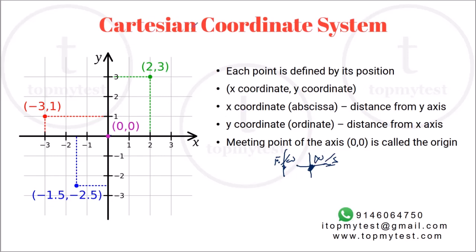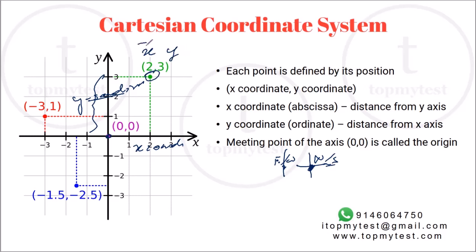Similarly, in a Cartesian coordinate system, we will measure distance. If you take the origin as your reference point, the horizontal distance is your x coordinate and the vertical distance will be your y coordinate. So in this given example, for the point (2, 3), 2 is your x coordinate and 3 is your y coordinate.